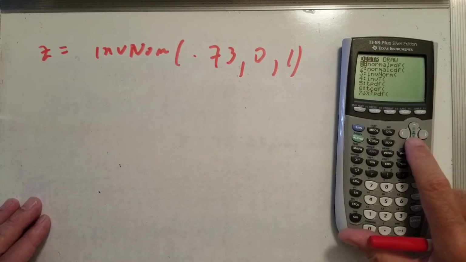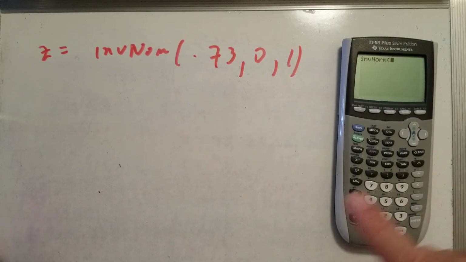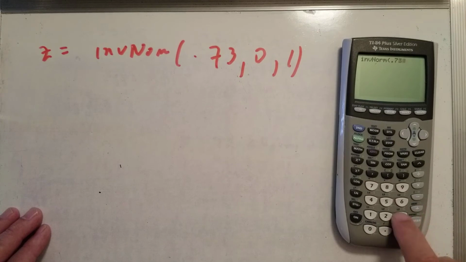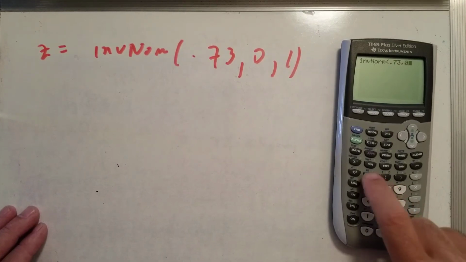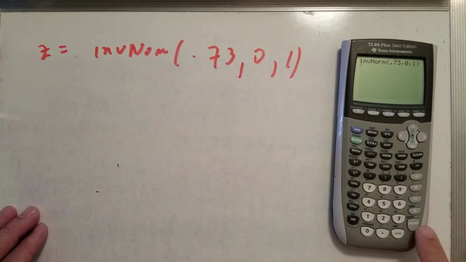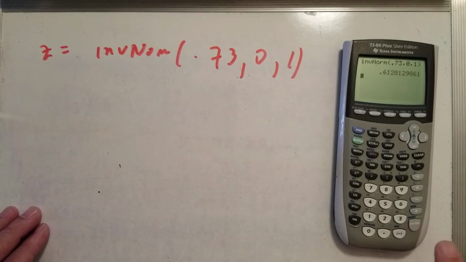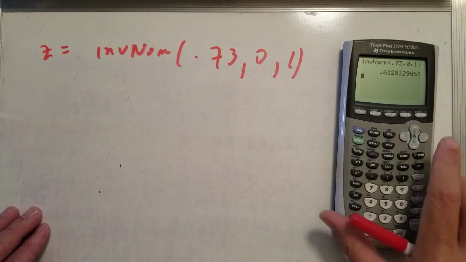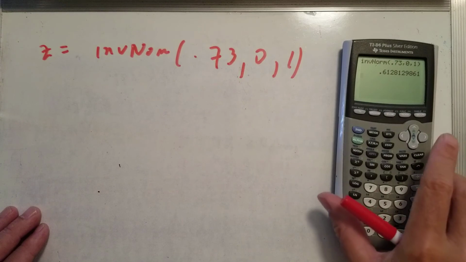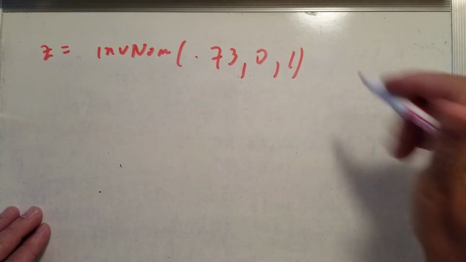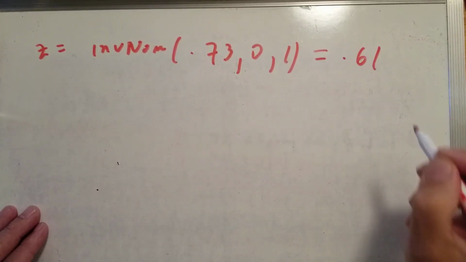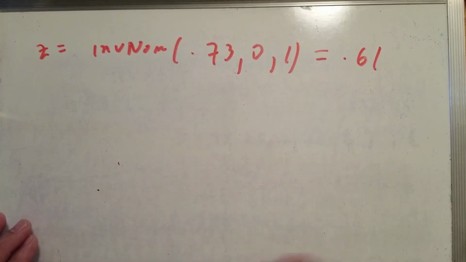So it's distributions right under CDF. Area to the left is 0.73. The mean is 0. The standard deviation is 1. And this comes out to be 0.6128. So they usually round this off to 2 decimal places. About 0.61 would be the z-score that corresponds to an area of 0.73 to the left.